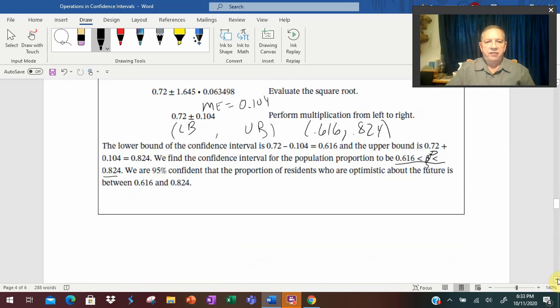Okay, so we're 95% confident that the proportion of residents who are optimistic about the future is between 0.616 and 0.824. Proportion of residents, so here is 0.616 again, less than P, the population of all residents, and then 0.824. Not P hat, again, P hat is 0.72.